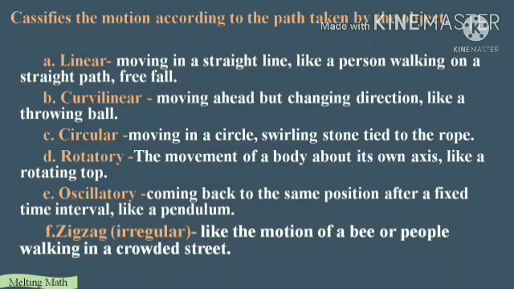Rotatory motion, example like a rotating tap. Oscillatory motion, example of a fixed time interval, like a pendulum. Next, zigzag or irregular motion, example is people walking in a crowded street.